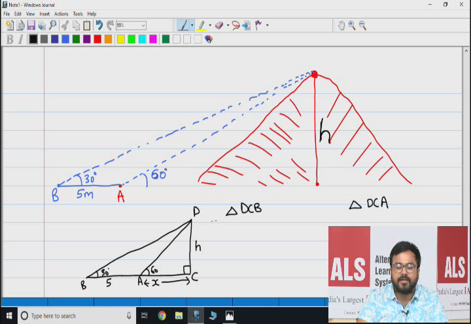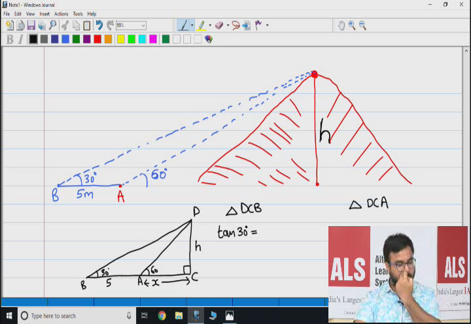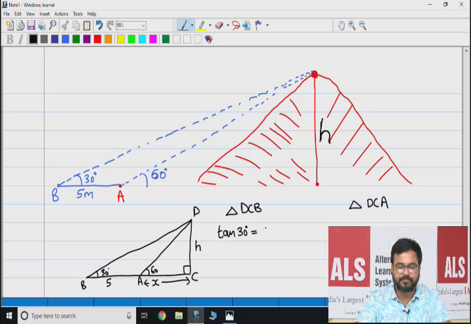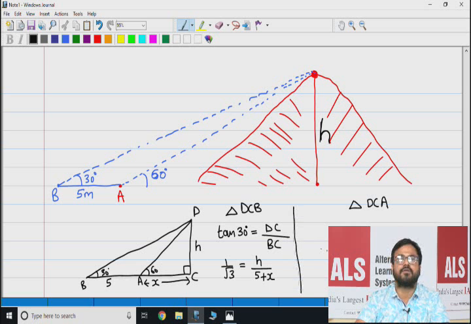In the larger triangle DCB, if I apply tan of 30 degrees, tan 30 degrees will be perpendicular upon base. Here the perpendicular is DC and the base is the complete BC. So tan 30 degrees, which is 1 by root 3, is equal to DC, which is H, over BC, which is 5 plus X. This is my first equation.